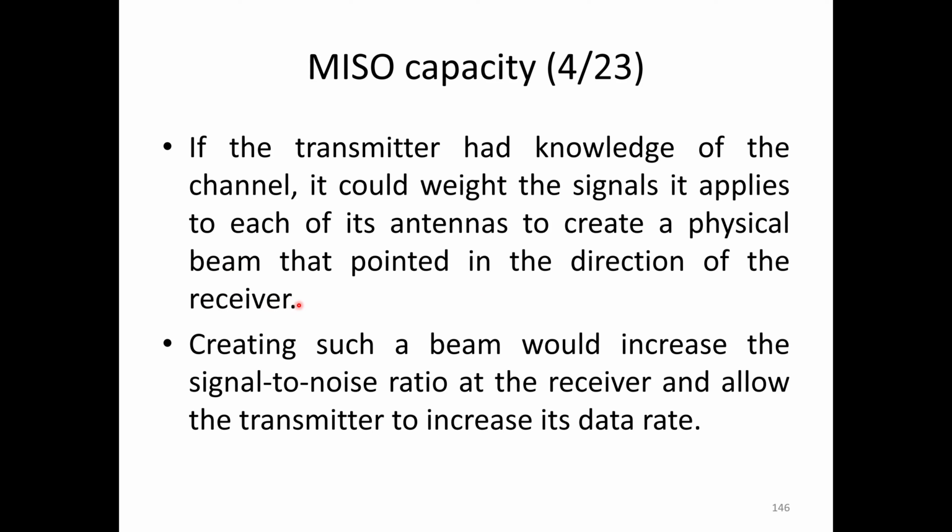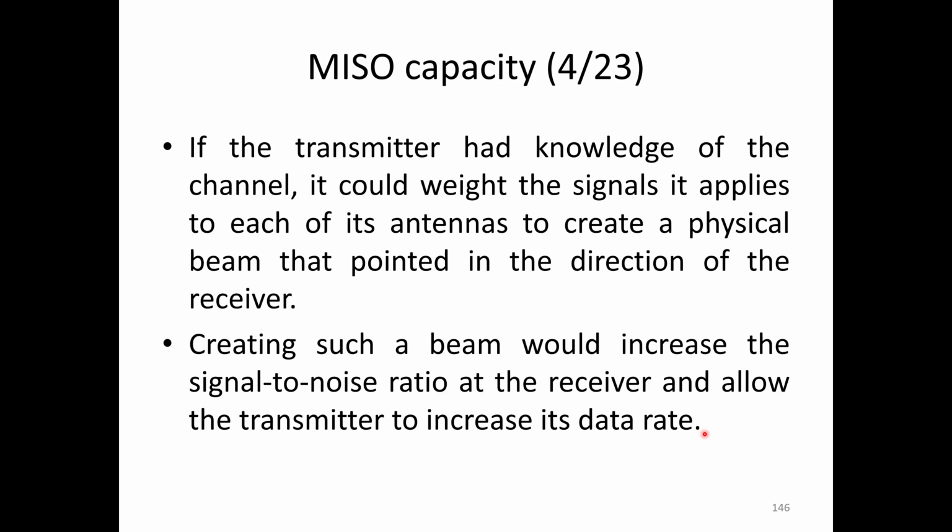After this alignment, the receiver will have the maximum SNR, and this allows the transmitter to increase its data rate. The upper bound of the data rate is the capacity, which is equal to log 2 of 1 plus SNR.